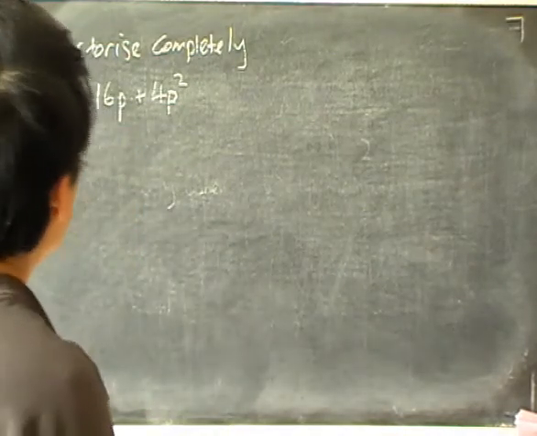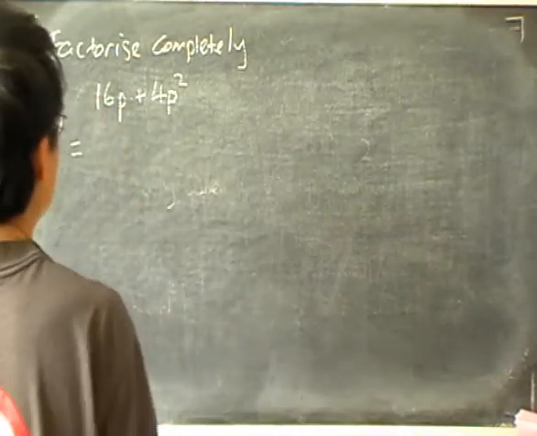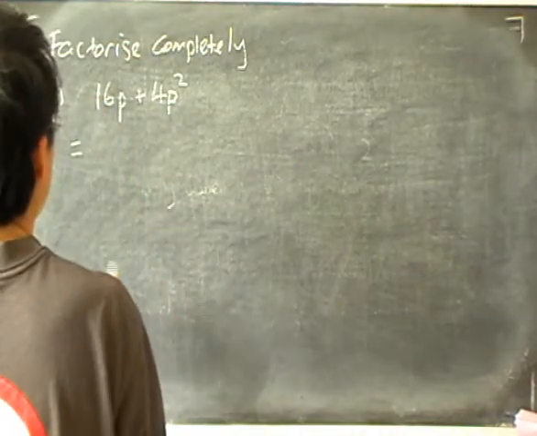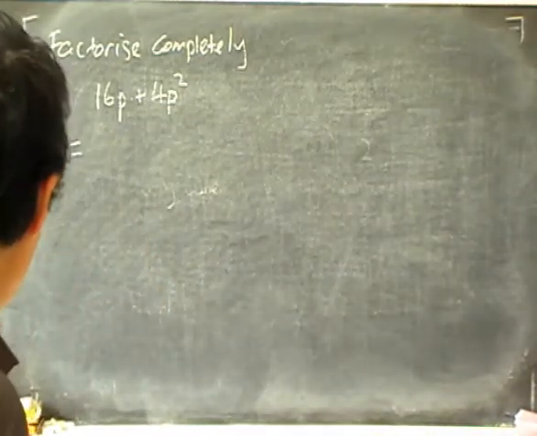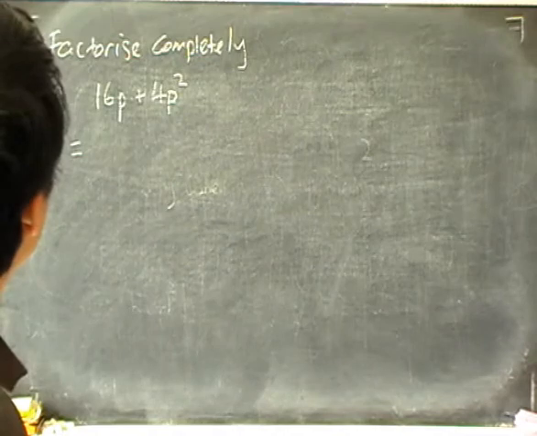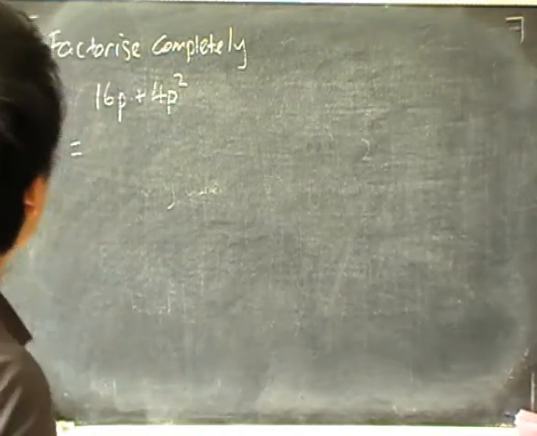In this case, 16p is the same as 16 times p, but 16 itself we can also think of as the product of a few numbers.